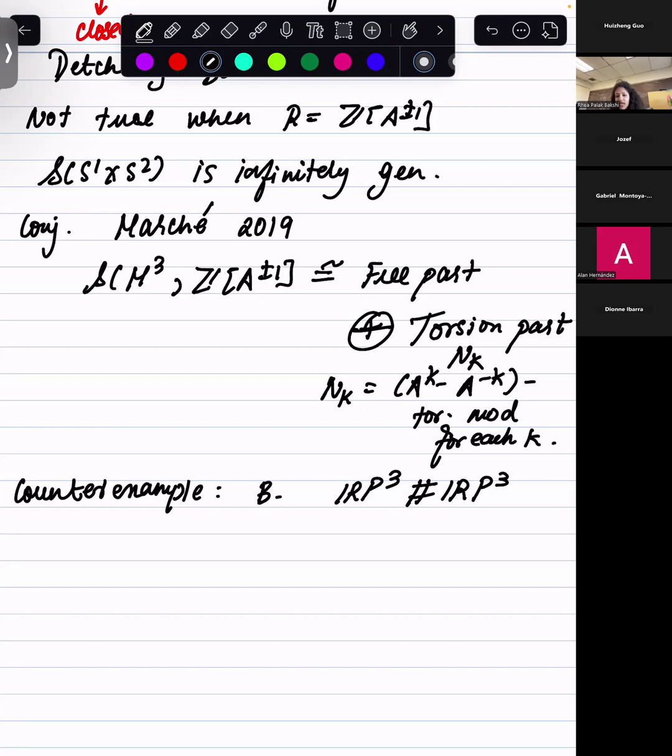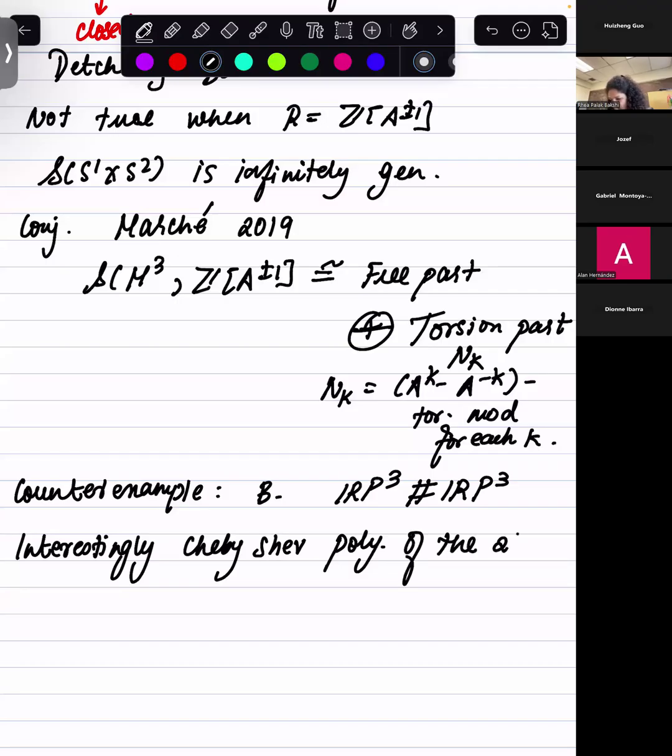All right. But interestingly, Chebyshev polynomials of the second kind make an appearance in the relations.